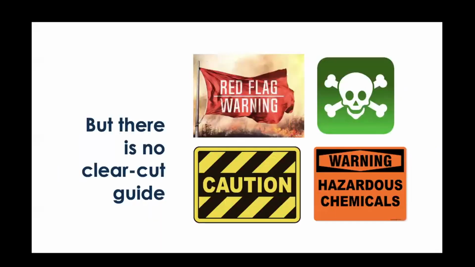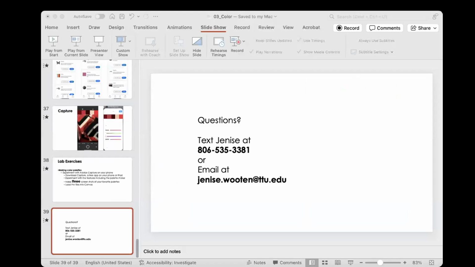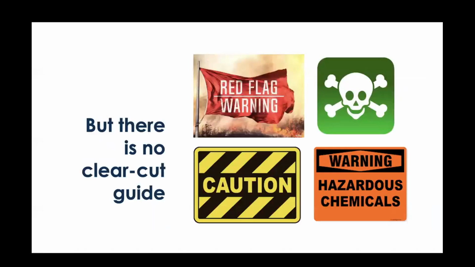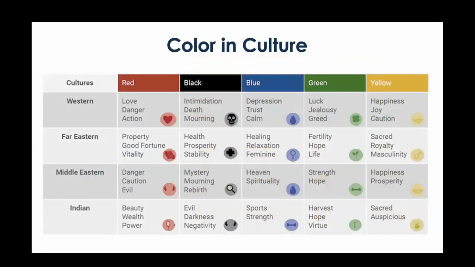And yellow is caution, and orange is warning. So you have to just be aware of how the color is going to be used, and especially in culture, because each culture has a different variation of what they think of different colors. For instance, black in our culture is also sophisticated, but it represents death and mourning.